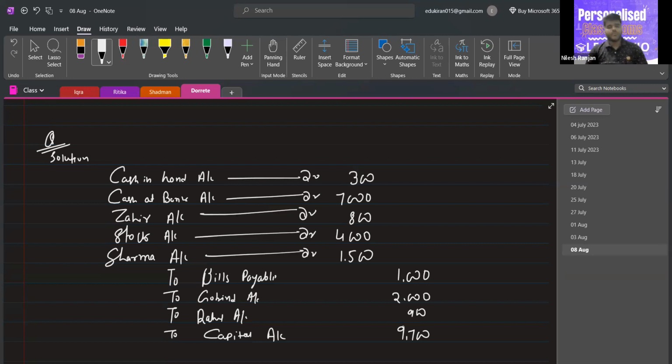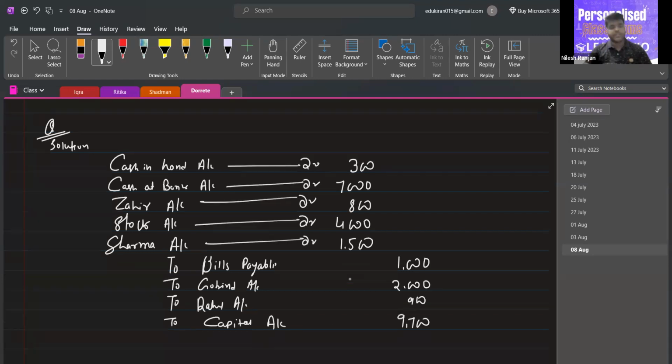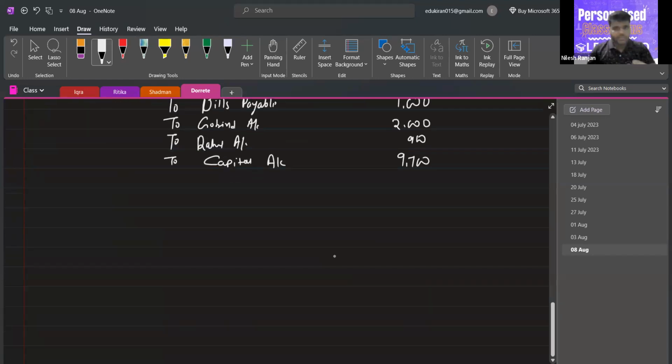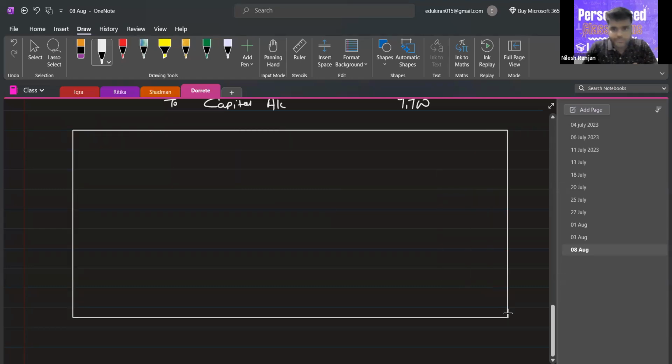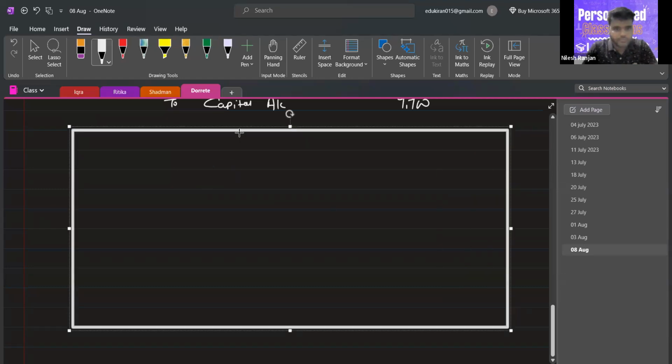Yes, sir. Now, this entry is not posted into ledger as per normal rule. Normal rule is we write the name of opposite account in the ledger, but in this question, actually, the shape you remember of ledger. Yes, sir.